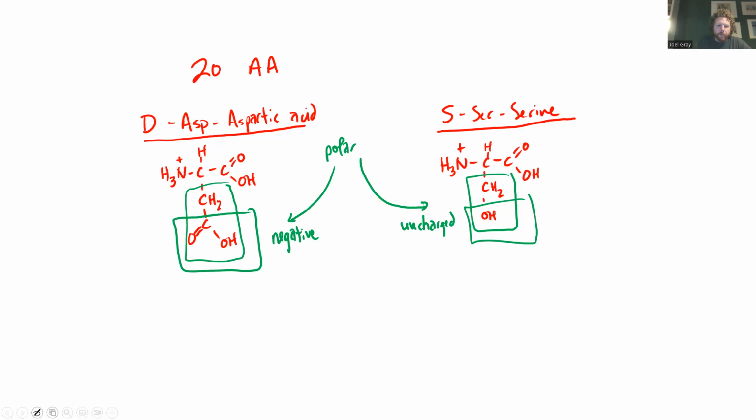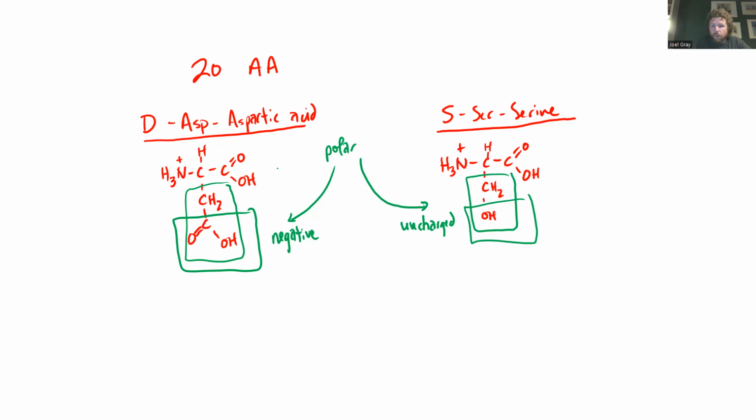Now, with that in mind, keeping this structure right here, I'm going to go ahead and draw these two amino acids at a pH of, let's go ahead and call it 7.